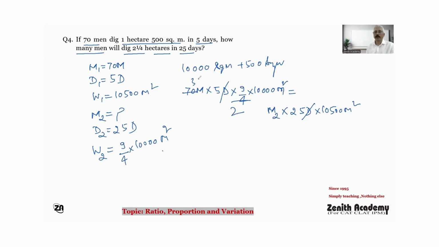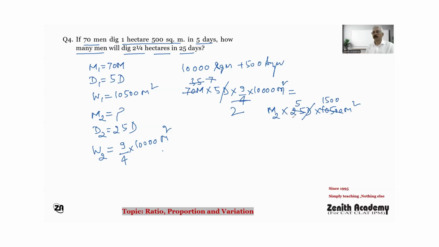It is 35, and then 5 7s are 35, and 5 7s are 35, 1500, 5 7s are 105, so it is 1500 square meter, and now it is 2, and 15 into 2.